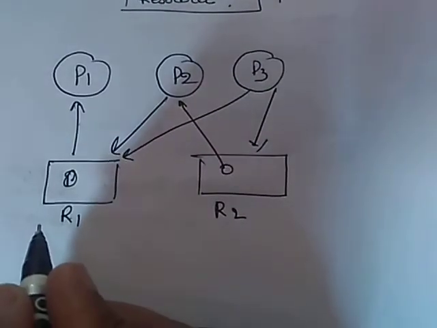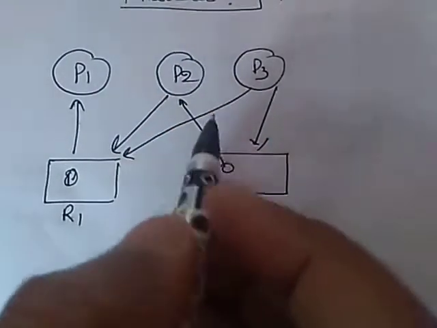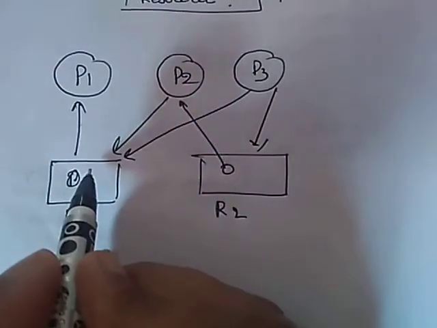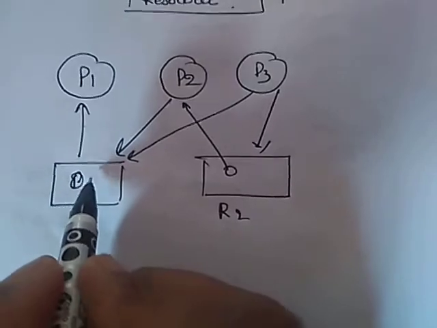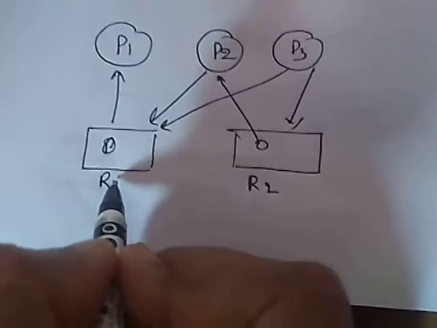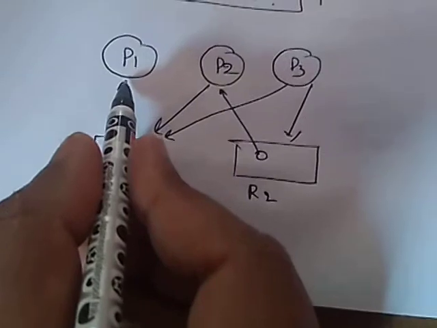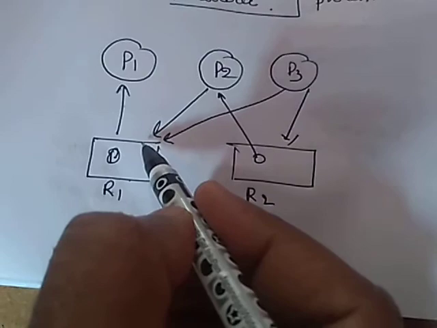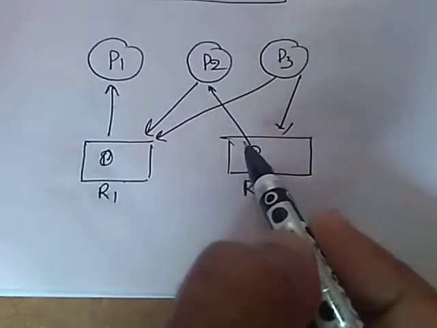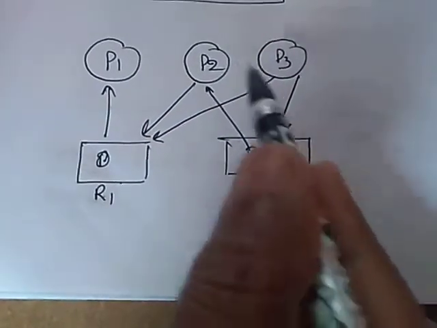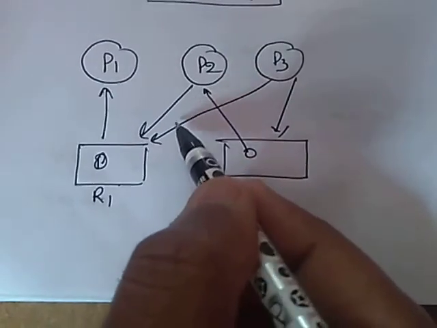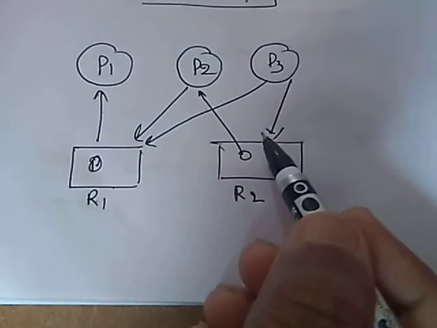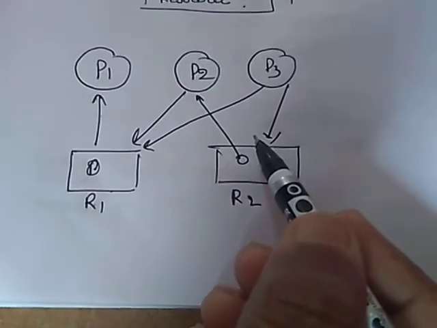Now the resource are having one instance. According to the graph, R1 is being used by P1, P2 is holding a resource R2, and P2 is waiting for a resource R1, P3 is waiting for a resource R1, and P3 is also waiting for a resource R2.